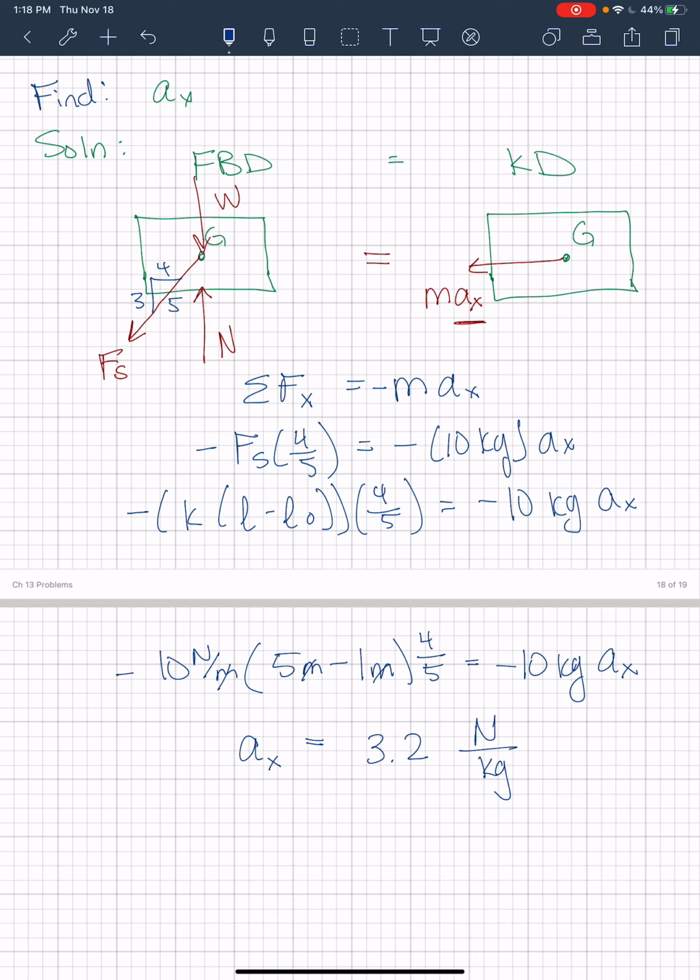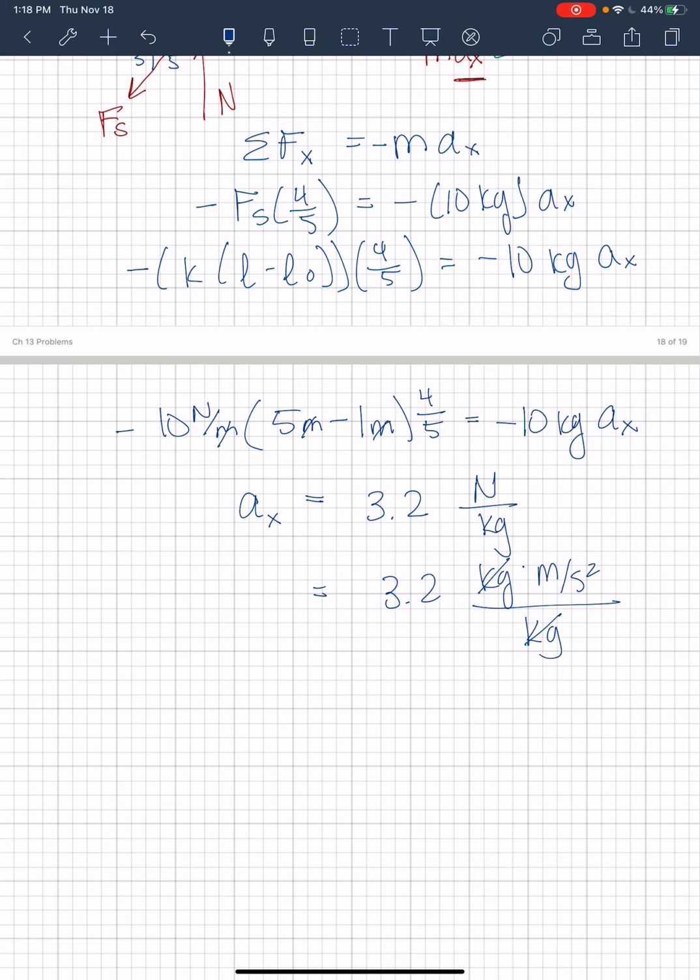If we do that quick unit analysis, it's kilograms times meters per second squared divided by kilograms. So the kilograms cancel out, and we get meters per second squared. So we get a sub x equals 3.2 meters per second squared. So 3.2 meters per second squared for the a sub x.